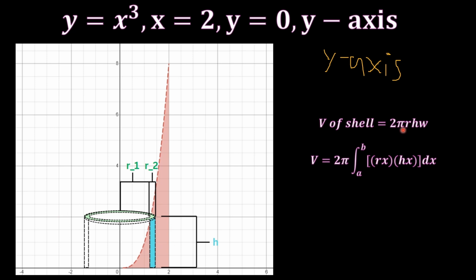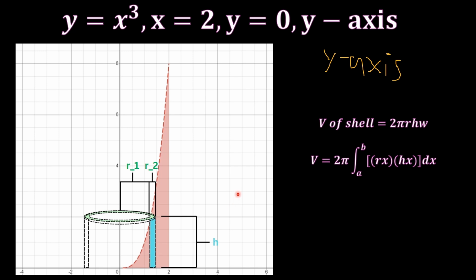And for the volume of this singular shell alone, the volume of it is 2 pi r h w. I didn't write the exact derivation for this, but essentially it is gotten from subtracting the volume of the inner cylindrical shell from the outer cylindrical shell.